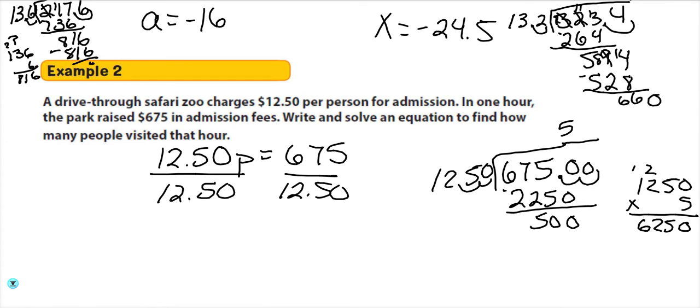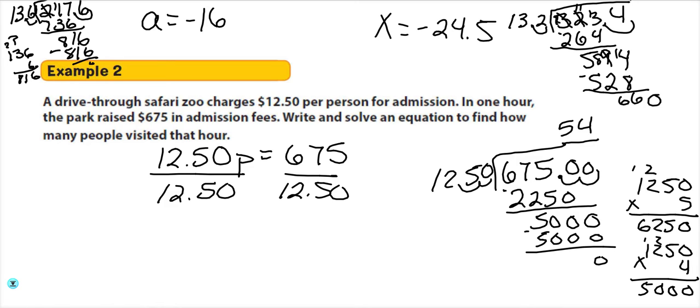I have 5 left, and then bring in 5,000. So it's got to be less than 5, so let's try 4. It was even, 5,000 on the dot. Okay, so 54.